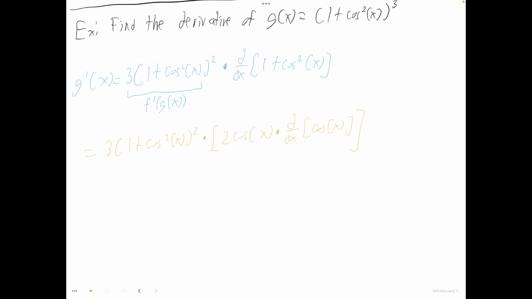So that's just using the chain rule. The derivative of 1 is 0, so we just really were taking the derivative of cosine squared. So we get 2 cosine of x times the derivative of cosine. And so we have 3 times 1 plus cosine squared of x, all squared, times 2 cosine of x, and then the derivative of cosine is negative sine.